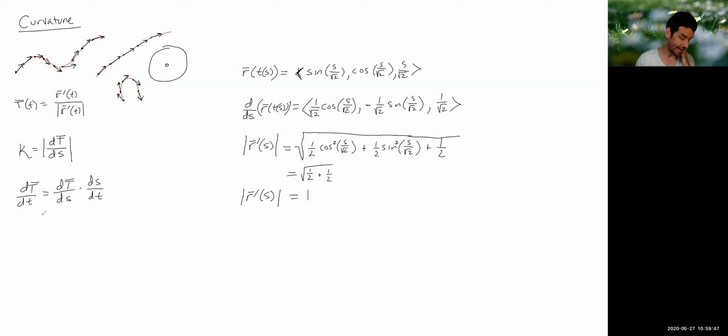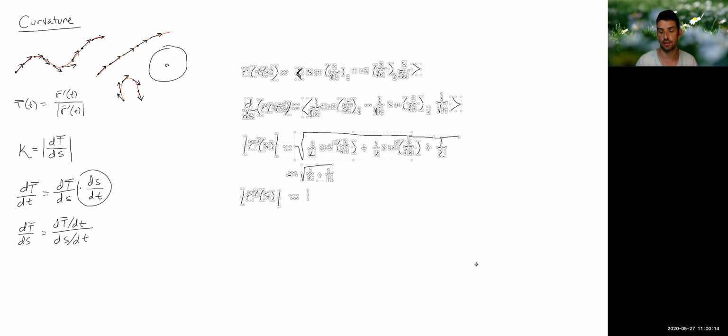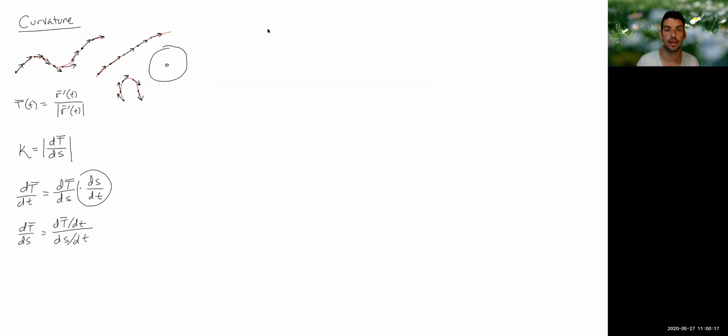Well, what does that mean? dT/ds, we can solve for that. dT/ds is equal to dT/dt over ds/dt, right? I'm just moving this part of the derivative to the other side, which means curvature can now be expressed in the following way.